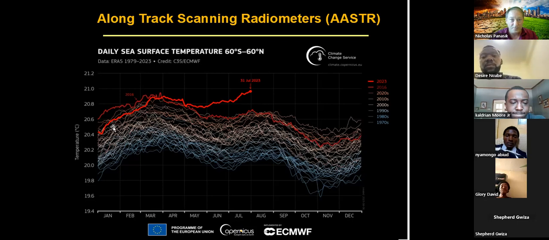So this high temperature of the sea surface has a dramatic impact on our climate and our weather. And if you look at the 2023 track, what do you notice about that? It's significantly higher than the rest of the tracks. Now, this could be an aberration, right?